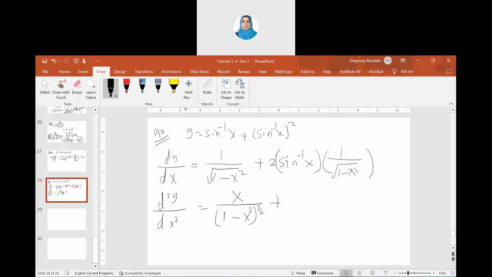Now this is a multiplication of two functions. So I keep the first one, sine inverse x, and derive the other, 1 over the square root of 1 minus x squared, which is x, similar for this one.